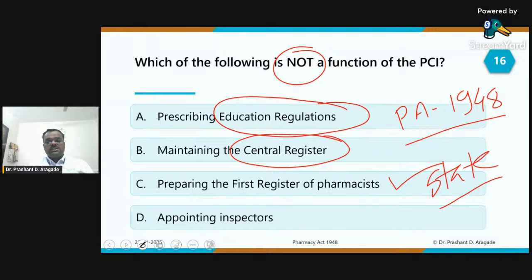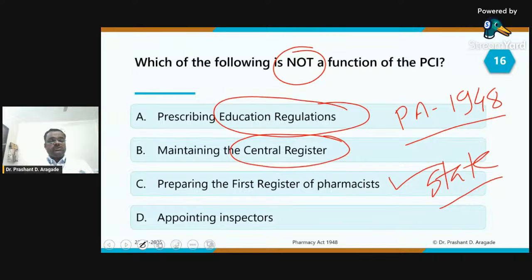So each state government has to establish the registration tribunals, and they have to prepare the first register of pharmacist before the establishment of the state pharmacy council. So this is not the function of PCI. That is, option C is the correct option.